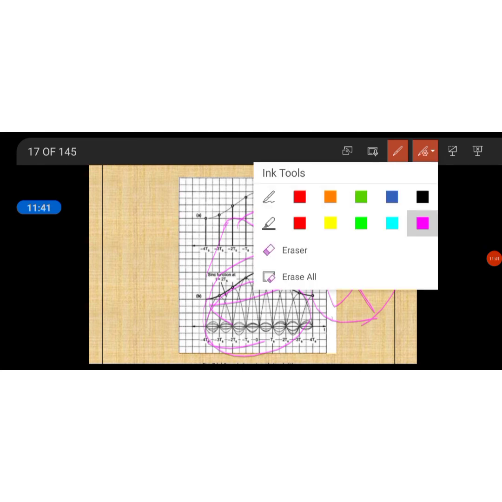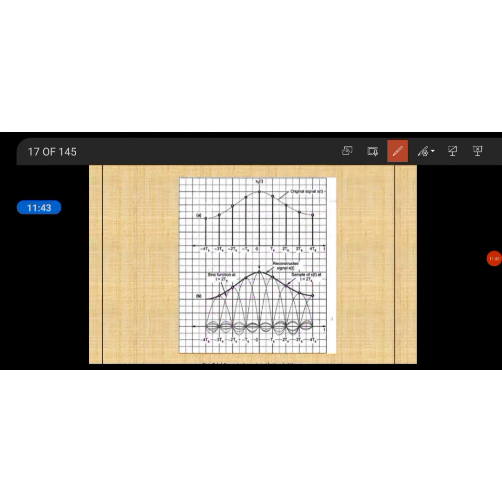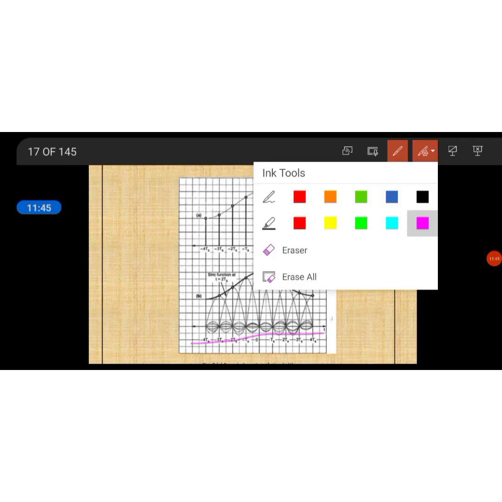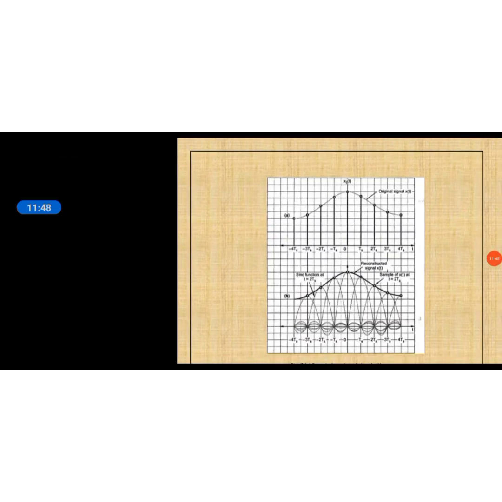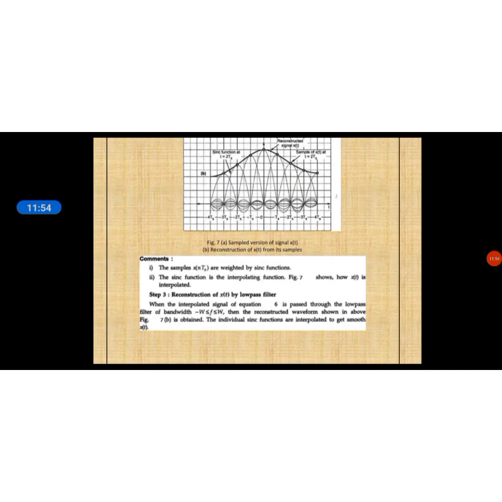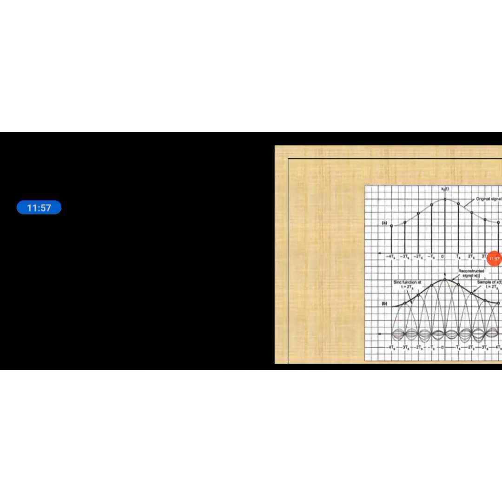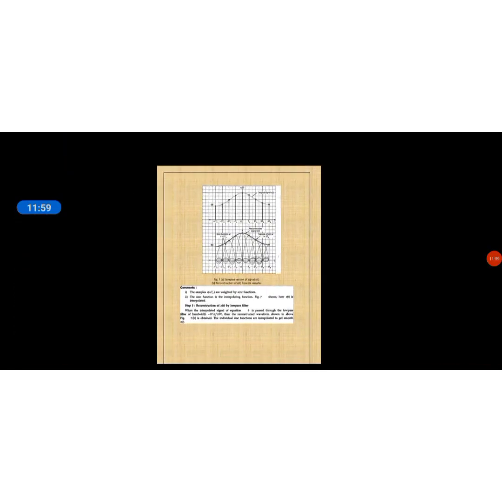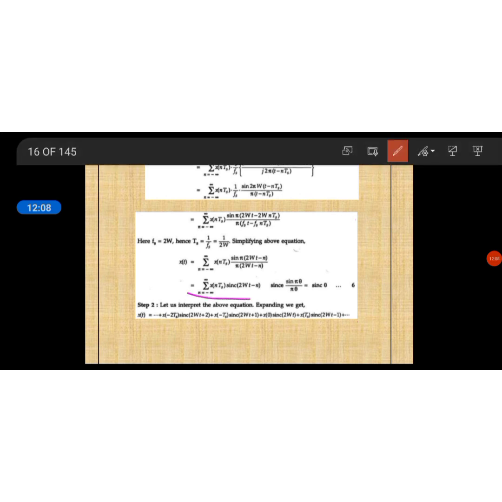So by passing this equation to the low pass filter, you will be getting x of t.